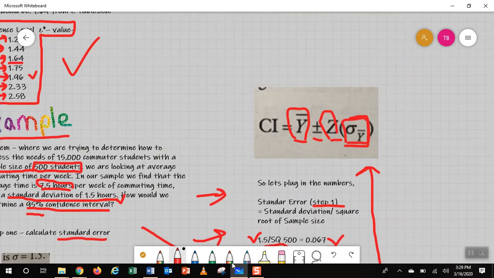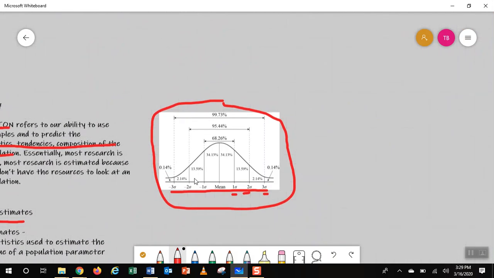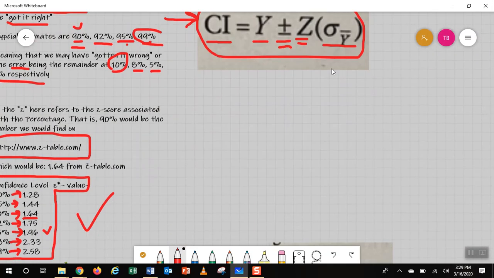So standard deviations are always referring back to our normal curve. So the bigger your standard deviation is, the more of the curve you're encompassing, the more of the curve you have covered. Therefore, the more accurate it's going to be.